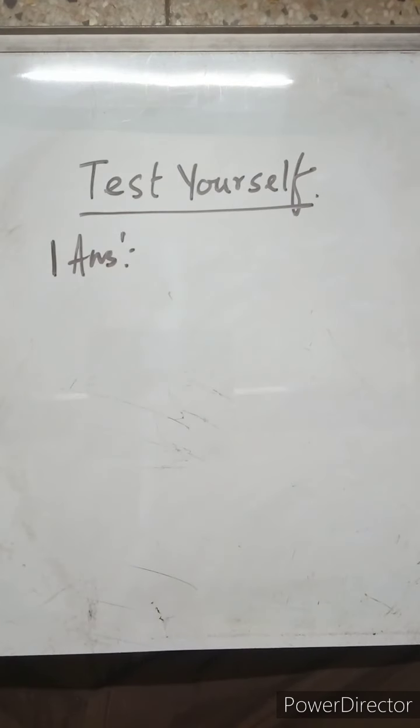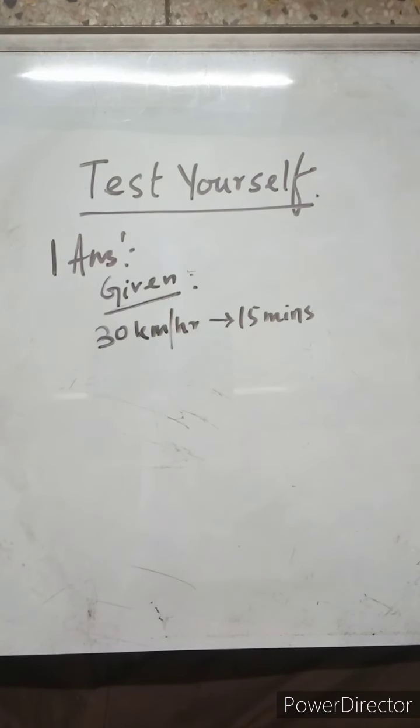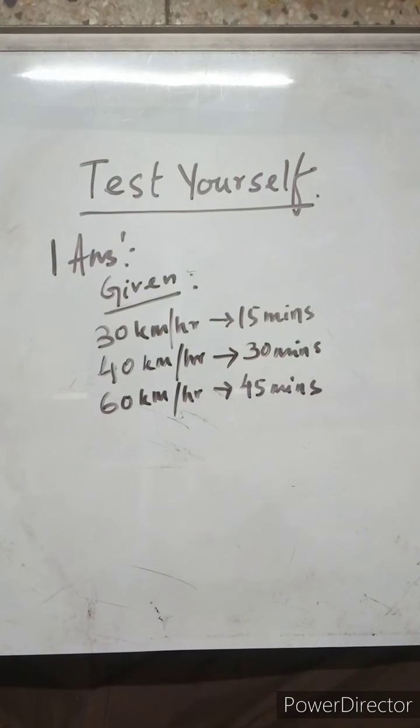So, the first answer to the test yourself question that I had given in the previous video. What are the things that were given? A vehicle, a car or something, was traveling at 30 kilometers per hour for 15 minutes, and then at 40 kilometers per hour for 30 minutes, and then finally at 60 kilometers per hour for 45 minutes.